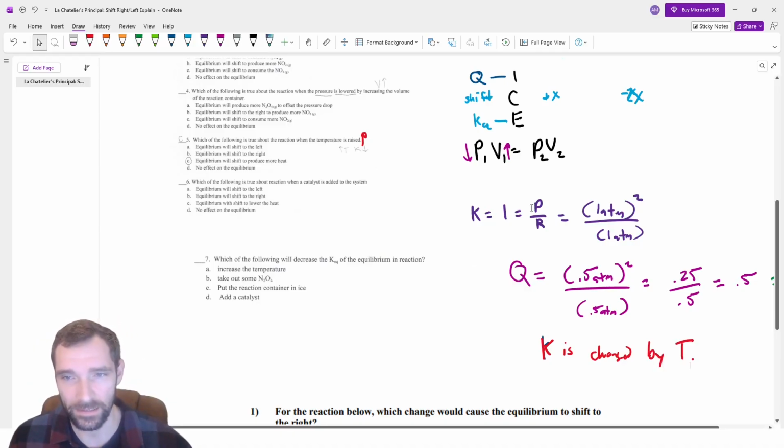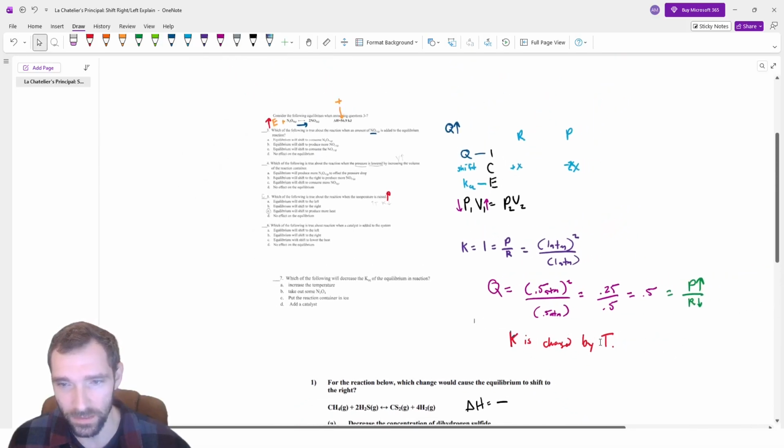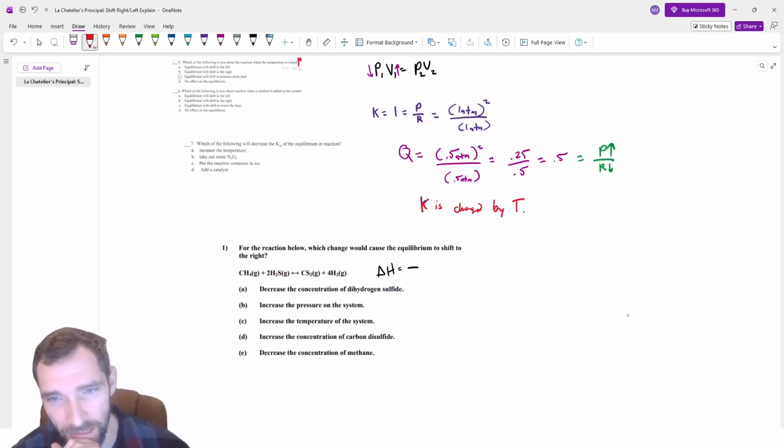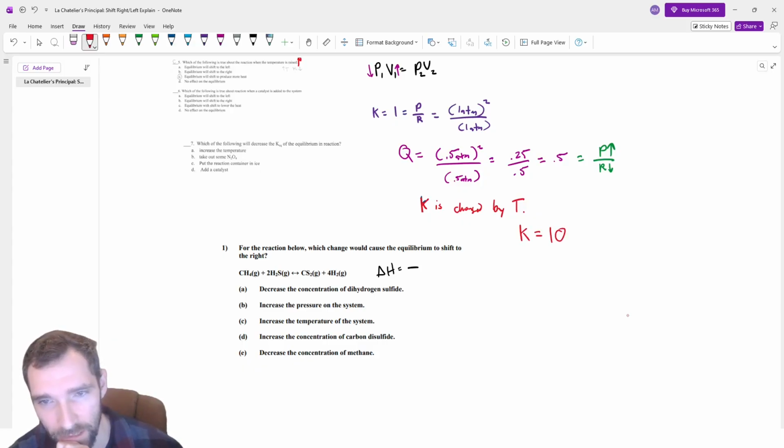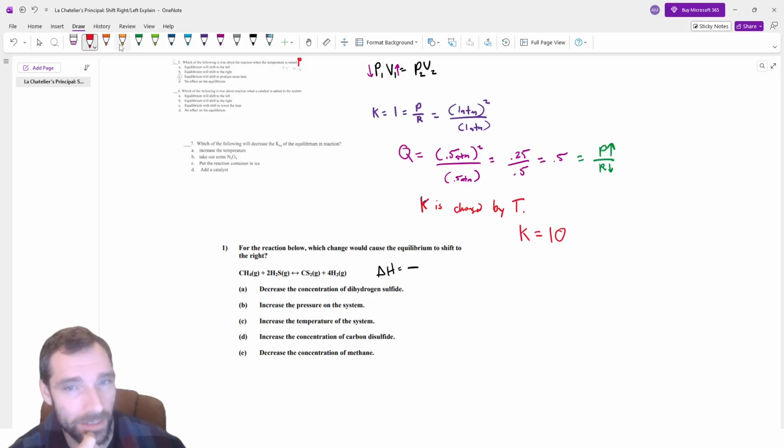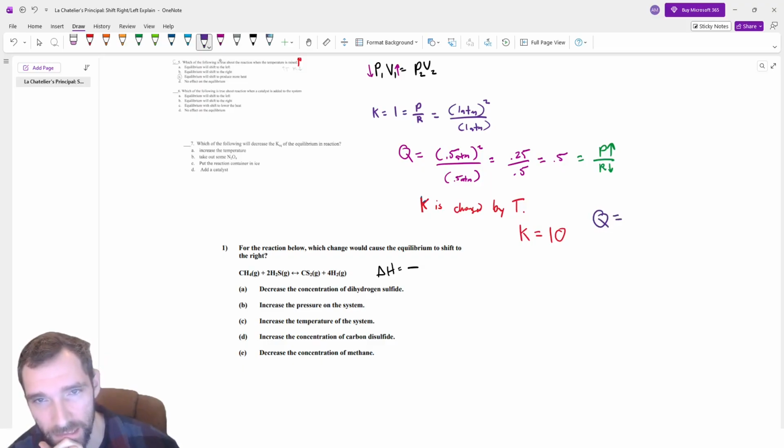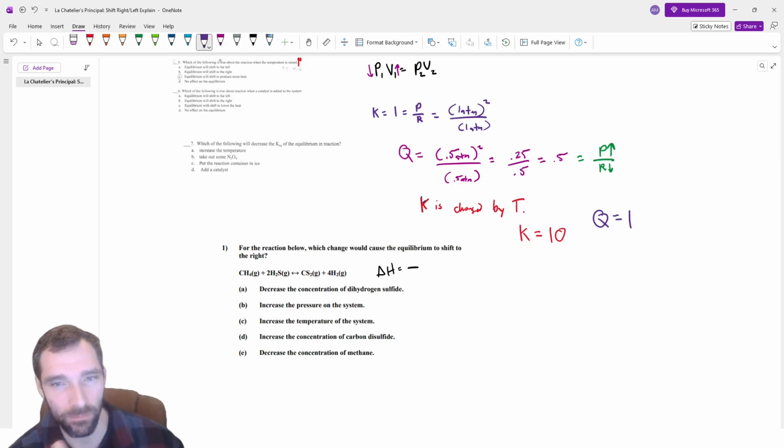So if we had these things being equal to 1 and K was equal to 1, then you could say that K is now maybe equal to 10, just to make our math easy. And our Q value is what it was. Let's say it was 1. And previously, K was equal to 1, so these two things were equal.